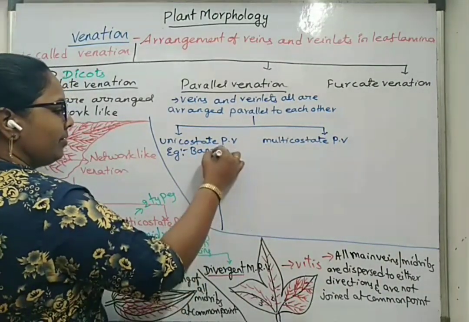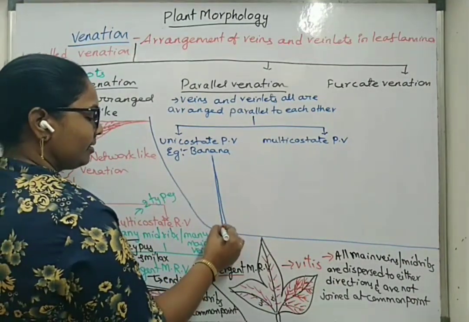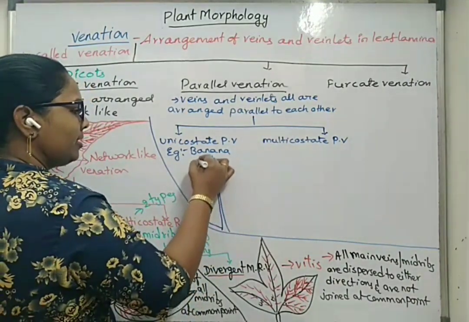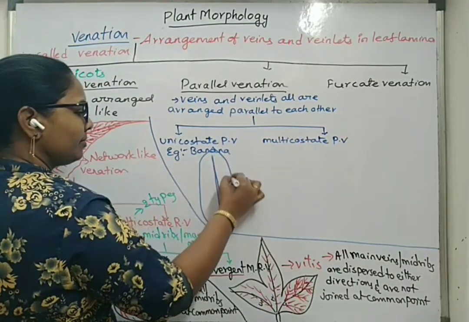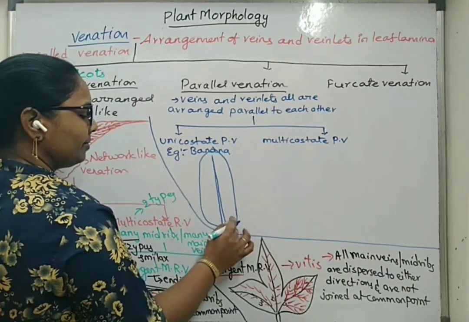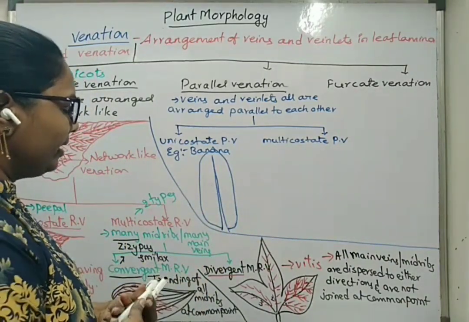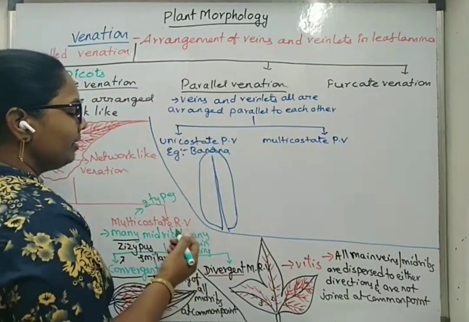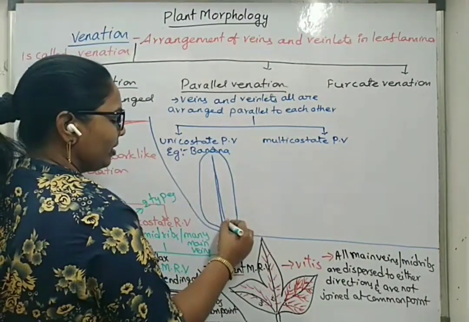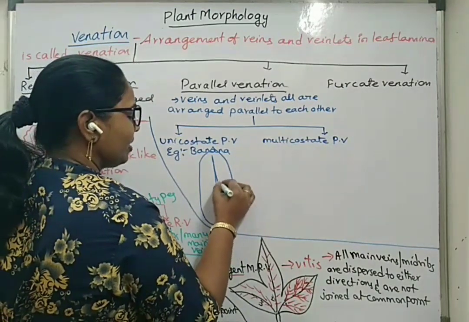Banana is having one thick midrib like this. Midrib. Next, the leaves are arranged. We said that for all the veins and veinlets, one midrib will be there, so it is called unicostate. The veinlets are arranged parallel to each other.